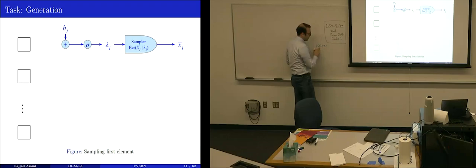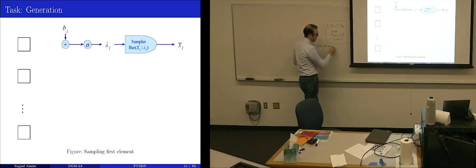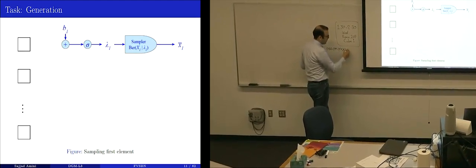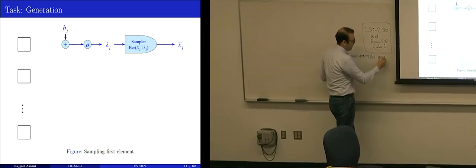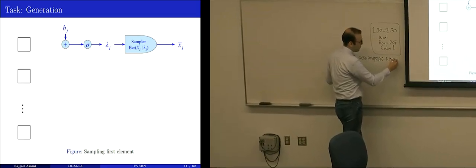Because I cannot write bold letters, I put an underline for vectors. The distribution for a vector x is the distribution over the first, the distribution over the second given the first, till the end. The distribution over the last given the previous ones.